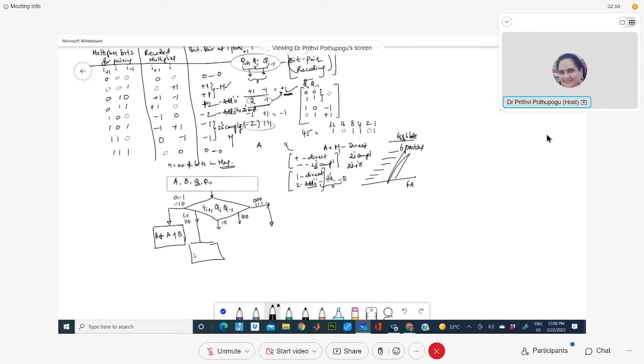Minus 1 means take A minus B, which means you are adding the complement. Next block: 0, 1, 1 is plus 2. Actually, A is replaced with A plus 2B. 2B means appending with 0.